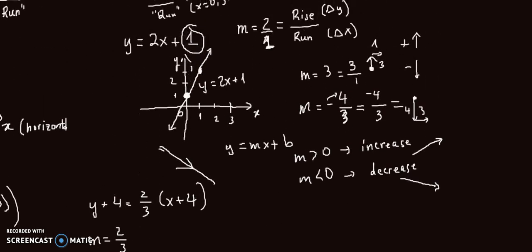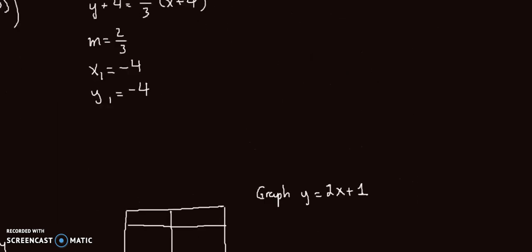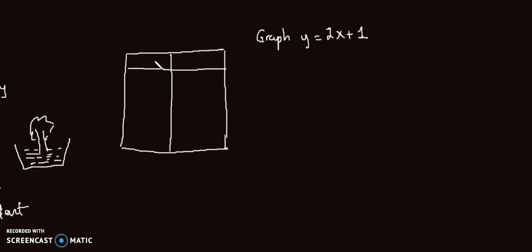But let's just say that you want to graph this function y equal to 2x plus 1. If you didn't know the quicker way to graph this function, using the y-intercept and then the slope, then the typical step would be you make a table of values, so x here and y here.